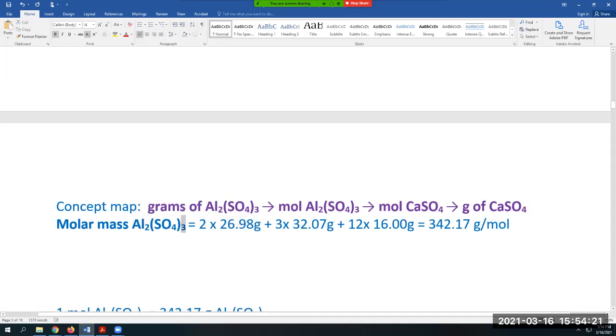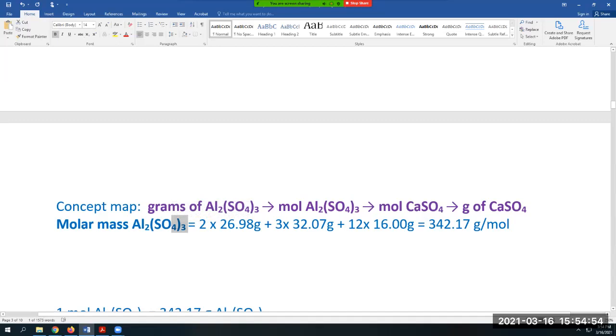Notice here how you have 3 sulfate, right? This whole thing is called the sulfate. And we have 3 sulfate. And there is only 1 sulfur per sulfate. So that means 3 sulfur atoms per formula. So you do 3 times the molar mass of sulfur, 32.07 grams. And then you have 3 times 4, 12 oxygen per formula, because you have 3 sulfate and 4 oxygen per sulfate.